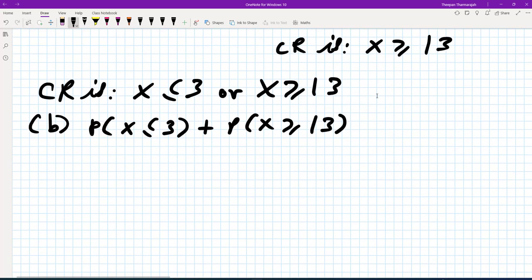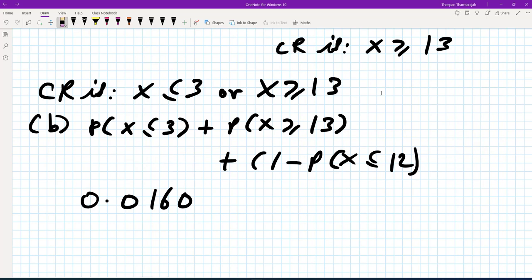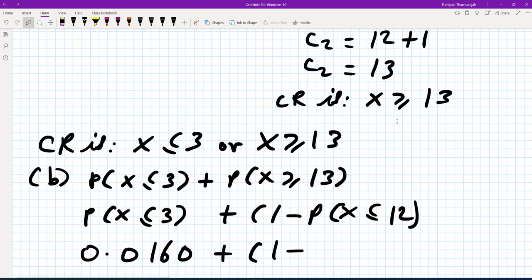So let's write that down. 0.0160 plus 1 minus the probability that X is less than or equal to 12. So I'm just going to write that here just for clarity. And then we can say 1 minus the probability that X is less than or equal to 12 is going to be 0.9790.